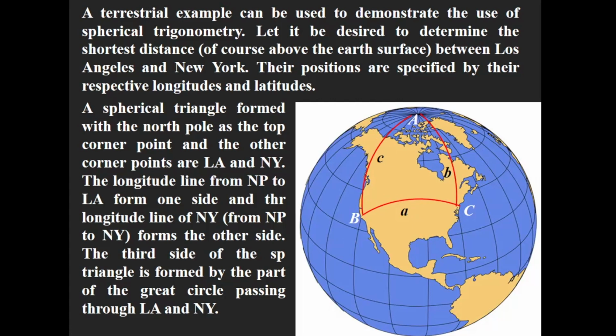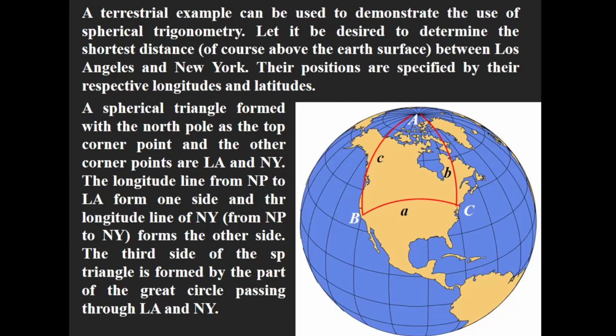Angle A, you can easily see, is nothing but the angle between the two meridian planes, which is the difference between the longitudes of the two places. So the capital A angle is the difference between the longitude of B and C. That is decided. Is there any problem?